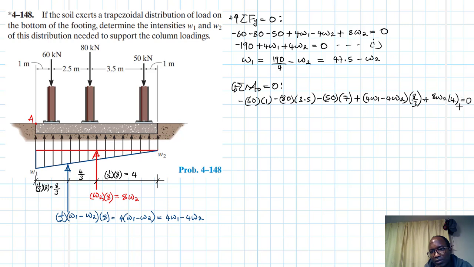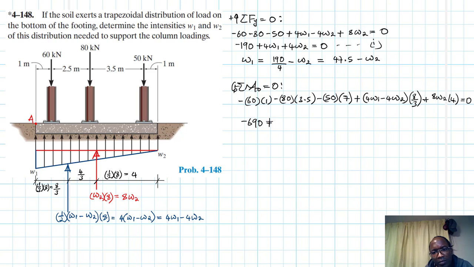And this is equal to 0. If we simplify this, we have minus 60 by 1, minus 80 by 3.5, minus 50 by 7, so we have a minus 690.